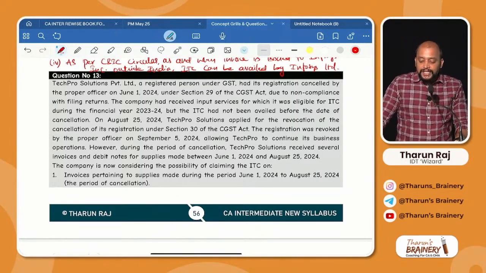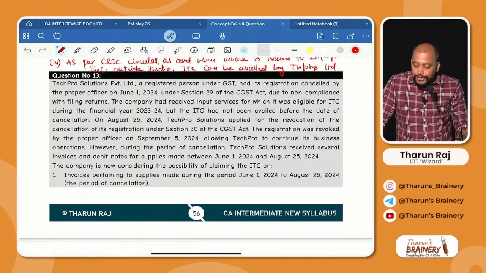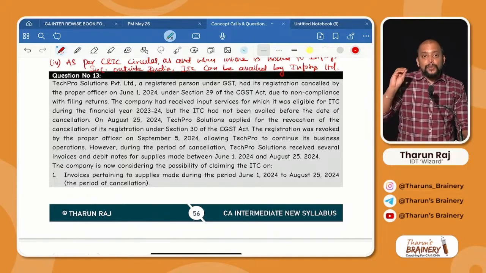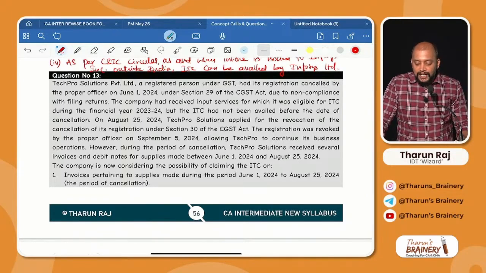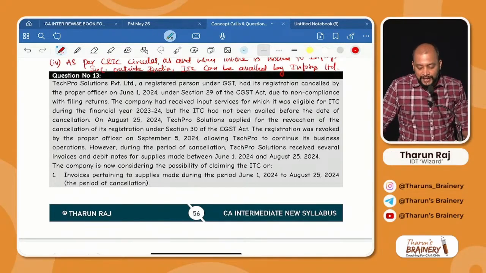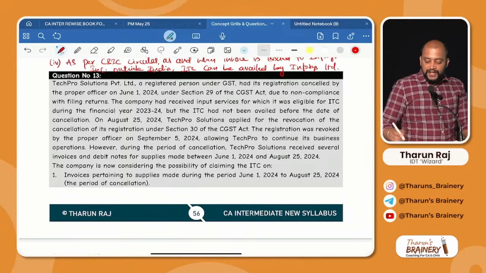However, during the period of cancellation, TechPro Solutions received several invoices and debit notes for supplies made between July 1, 2024 and August 25, 2024. The company is now considering claiming ITC on invoices pertaining to supplies made during the period June 1st to August 25. Which financial year is that?